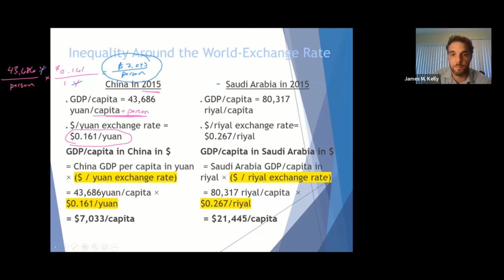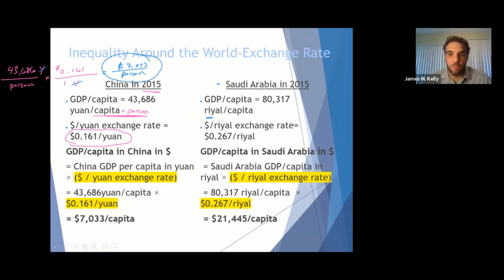Okay. We can do the same thing for Saudi Arabia. Here we have Saudi Arabia's currency in rial. And so the exchange rate is 1 rial can be exchanged for $0.267 in US currency. So about 27 cents per rial was the exchange rate in 2015 for Saudi Arabia's currency.